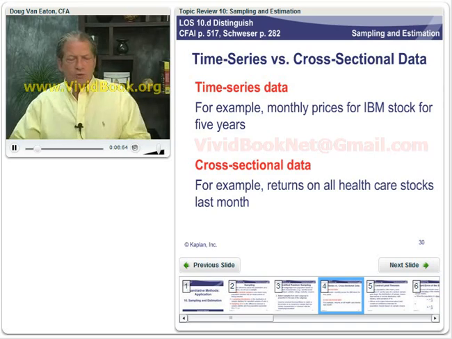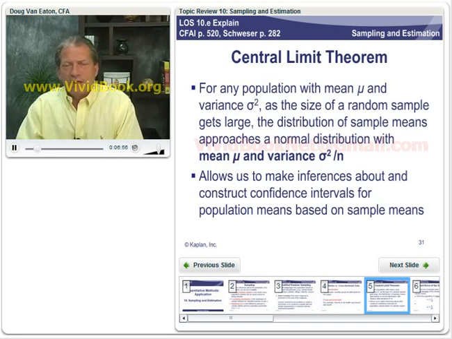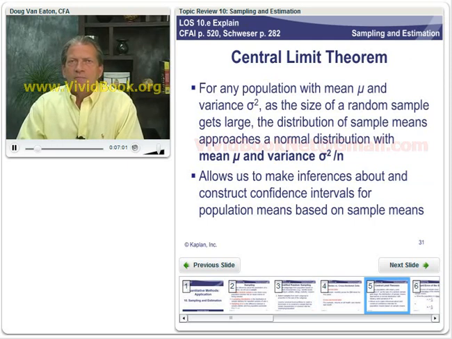Now here's the central limit theorem. This is important to us when we get to hypothesis testing especially, but also as we do some confidence interval stuff. So let's read it first.